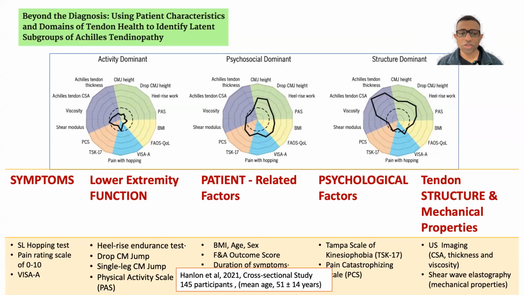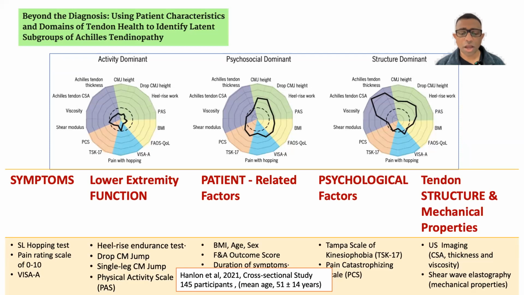When we look into the categories, the researchers looked at symptoms, hopping test pain levels, the VISA score, and lower extremity function. They looked at patient-related outcomes like BMI, age, sex, and function, especially drop jumping and single leg jump, psychological factors, and tendon structure.